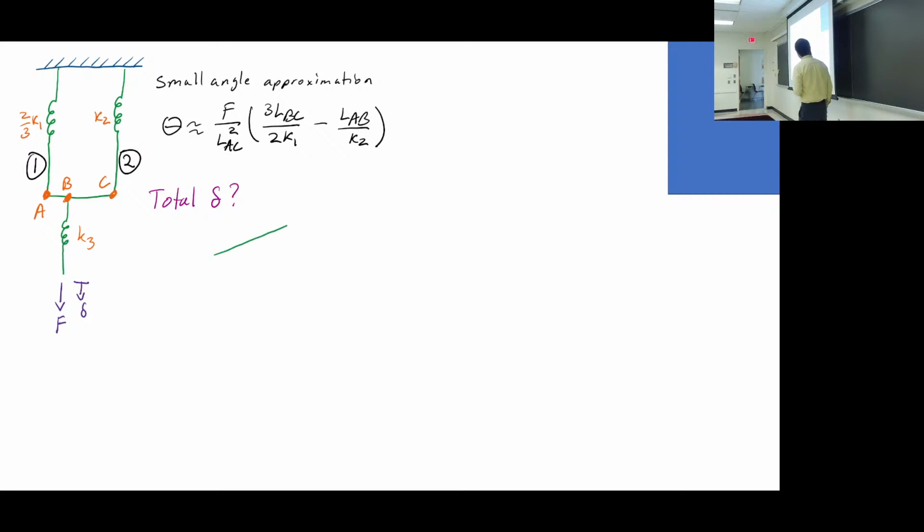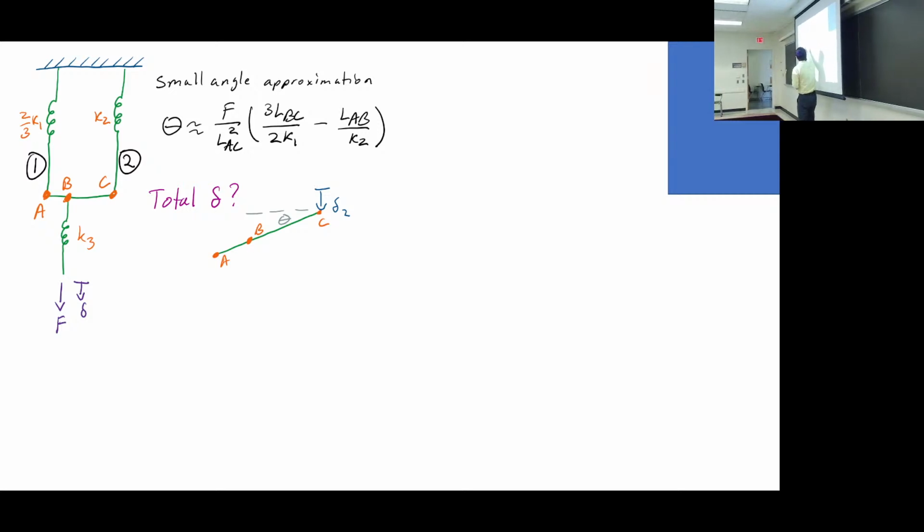Well, we draw this again, and we remember that we have a delta 2 for C. We can consider a delta 3 for this leg, because delta 1 is larger than it's on the left. Delta 3 is going to be less.